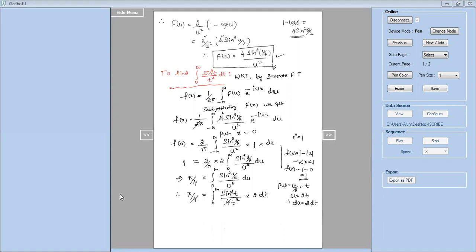So we get integral 0 to infinity sine square t by t square dt is equal to pi divided by 2. This is the required value of this integral. So this is how we can find the value of this integral using inverse Fourier transformation.